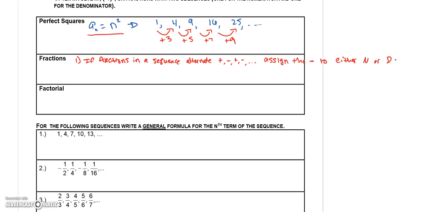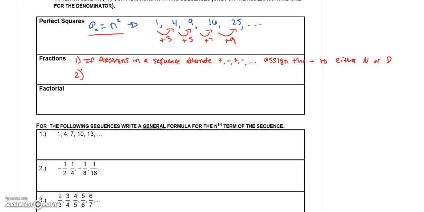If the fraction is negative, either the numerator or the denominator is negative, not both, because then it would be a positive fraction. So look for patterns. If you assign them all to the numerators, a lot of times the pattern will come out. Or sometimes if you assign them all to the denominators, the pattern will come out. We'll talk about that a little more with number 2 here, and then when we see an actual example.